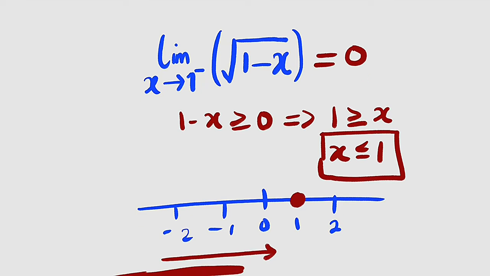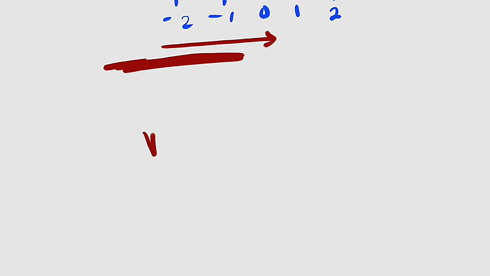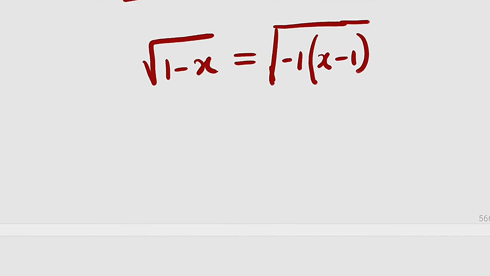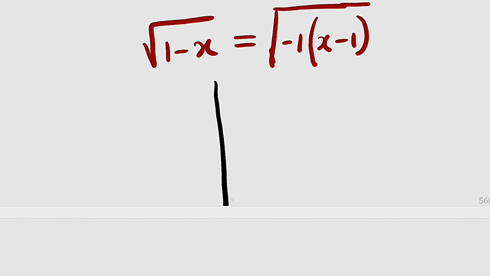Let us sketch it and see. One thing you should know is that square root of 1 minus x is also the same thing as the square root of, you can factor out the negative sign, then inside it is going to become x minus 1, right? If you expand this, you shall get this back. So let's sketch it. We have the y-axis, we have the x-axis.